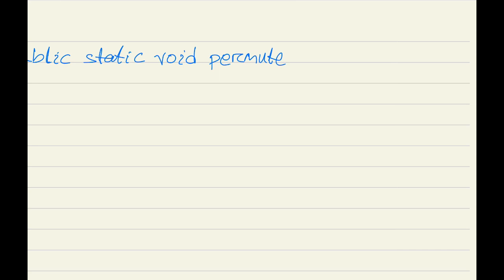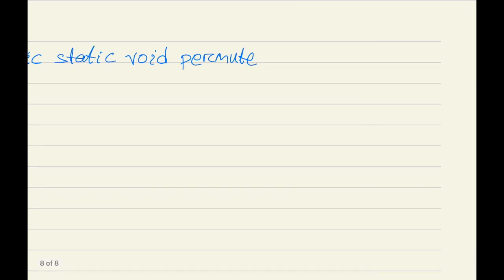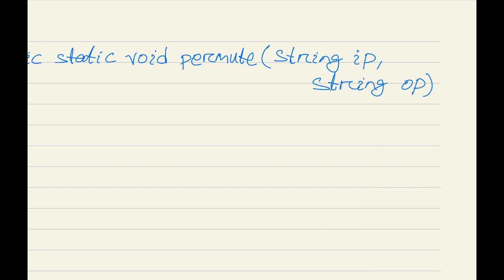So let me write the program: public static void, assume the name of the method is permute, and here we are taking two parameters, one is input, so for that I am writing IP, another one is output, and for that I am taking OP.